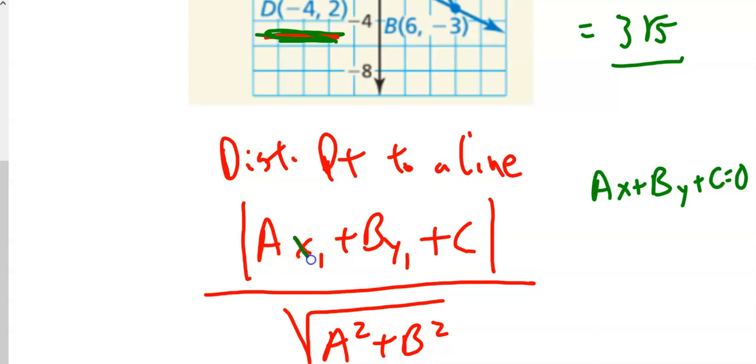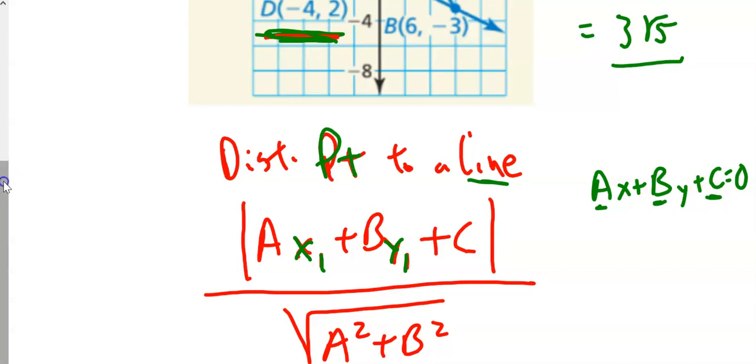When I do x1 and y1, that's referring to the point, but ax plus by plus c is referring to the line. The A, the B, and the C are referring to the A, the B, and the C in this line. That will come up a little bit later in the homework.